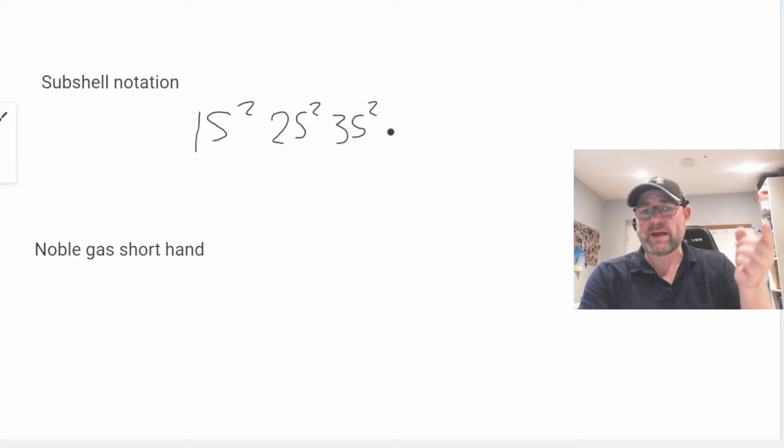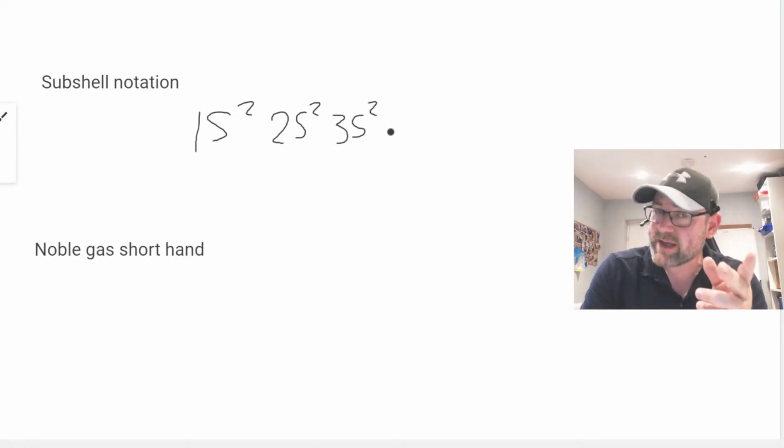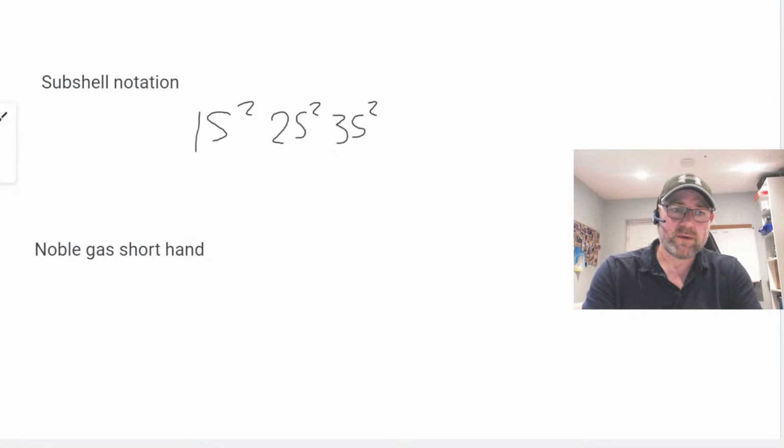So we go 1s2, 2s2, 3s2. No, that's certainly not right. That's what happens when you rush. So 1s2, 2s2. What comes after the s when we get to the second level? It's the 2p subshell, and it's 2p6.